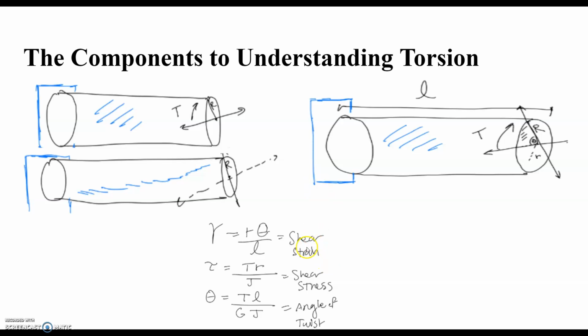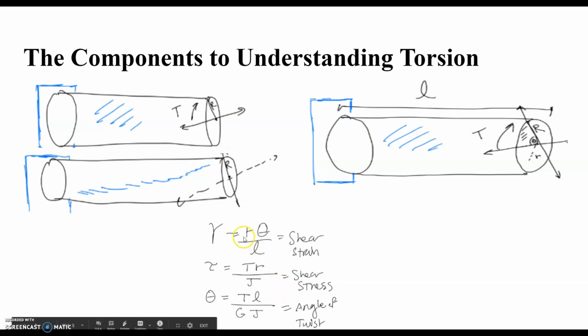Now, we can find shear strain and shear stress, earlier mentioned, by multiplying the location of this torque times theta divided by L to get shear strain. And to get shear stress, we can multiply this torque times the radius at which this torque is being applied divided by the polar moment of inertia.